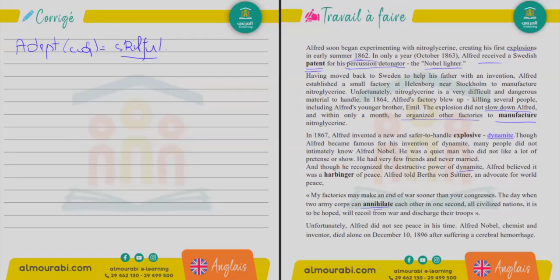Unfortunately. Anybody else to read? Raslan, would you read? Unfortunately, Alfred did not see peace in his time. Alfred Nobel, chemist and inventor, died alone on December 10, 1896 after suffering a cerebral hemorrhage.